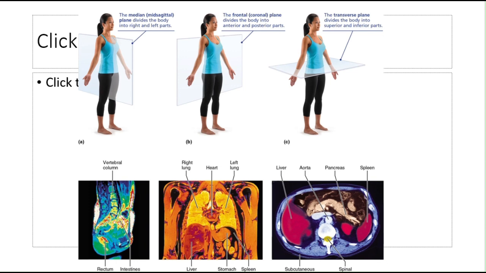We can divide the body into right and left by the sagittal plane. We can divide the body into two equal parts, anterior and posterior, by the frontal or coronal plane. And we can divide the body into superior or upper and lower parts by the transverse plane.